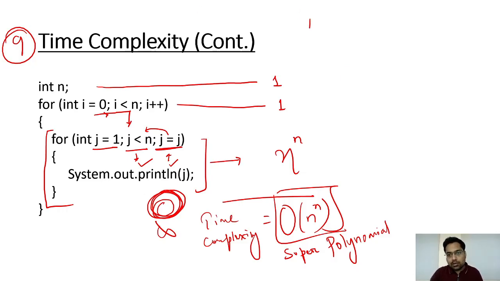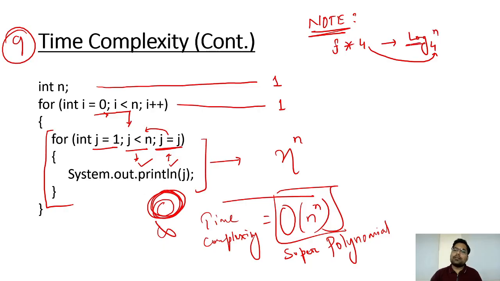So as per the note, whenever you are doing multiplication, suppose j is getting multiplied with 4, in that case log base 4 will be considered, and you can add this one.